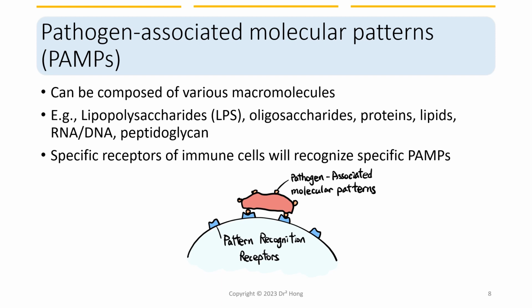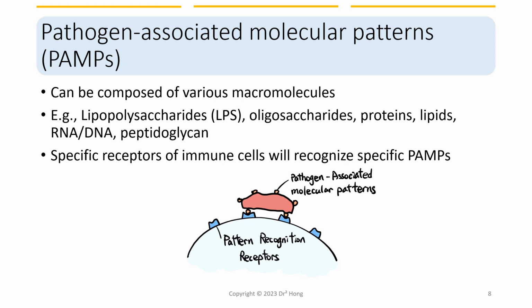PAMPs are the collective name for macromolecules that are recognized by the innate immune system. For example, we have lipopolysaccharides (LPS), oligosaccharides, proteins, lipids, RNA, DNA, and peptidoglycans that are very commonly found in different bacterial species. We have specific receptors on the immune cells that will recognize these PAMPs.